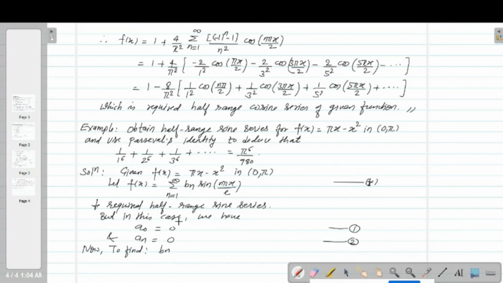Now let us move to the next page. Then we will find the Fourier coefficient Bn. Since we know that Bn is equal to 2 by L, integration with limits 0 to L, f of x sine n pi x by L dx.